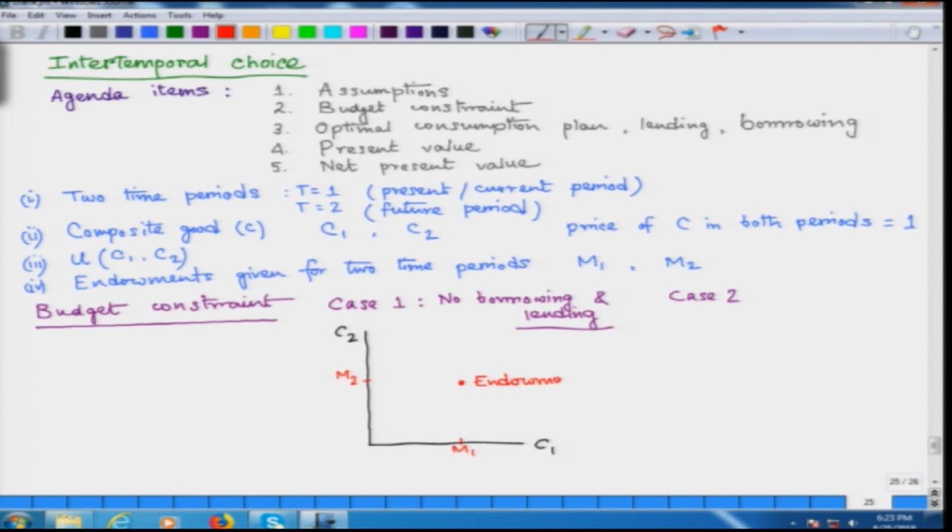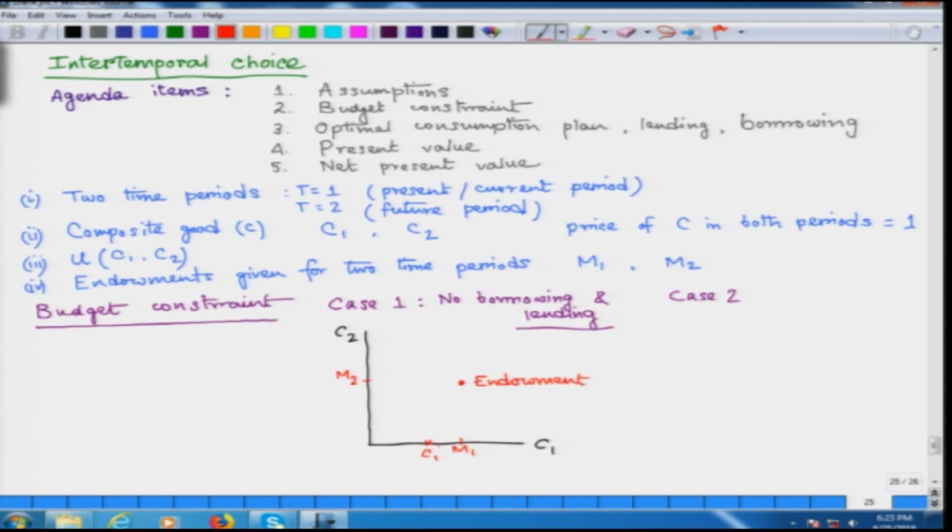Right. Now, if at least saving is permitted in this model, then there can be some transfer of money income from one period to the other. Let us assume that our consumer decides to consume a consumption level at C1.